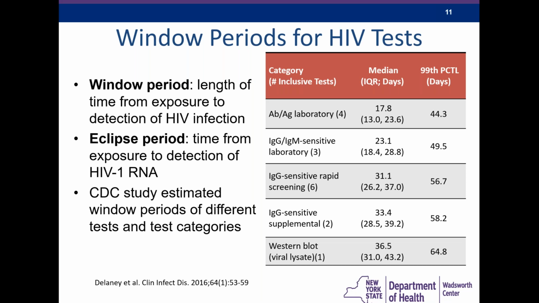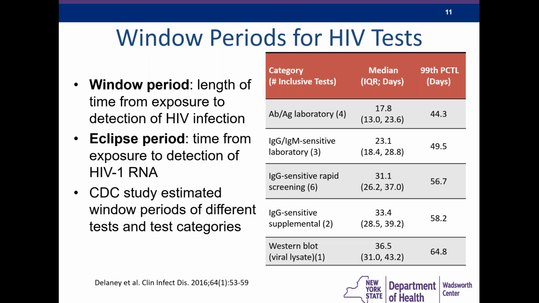Knowing the window period for various HIV tests can be helpful for clinicians and counselors, and everybody always wants to know what the window period is, but we always have to keep in mind that there are many factors that can affect this, and for any given individual, there could be differences that veer from what the average is. So we need to understand that there's really a range rather than a very specific window period for every test.